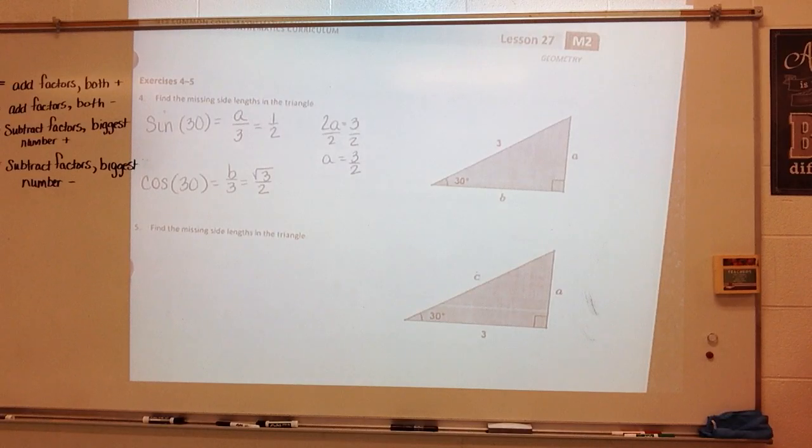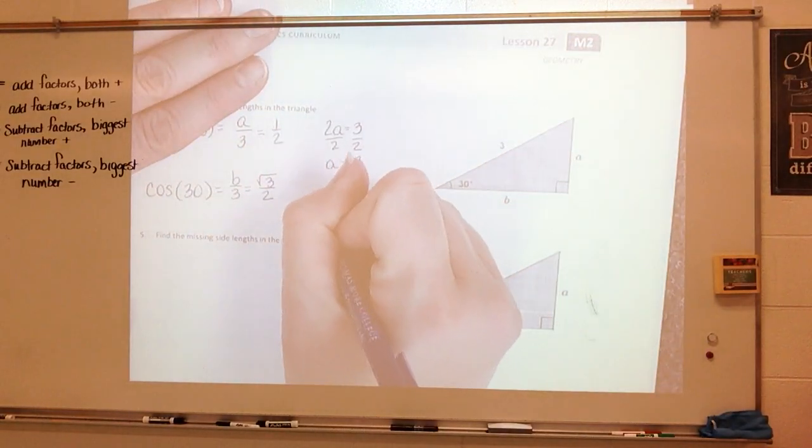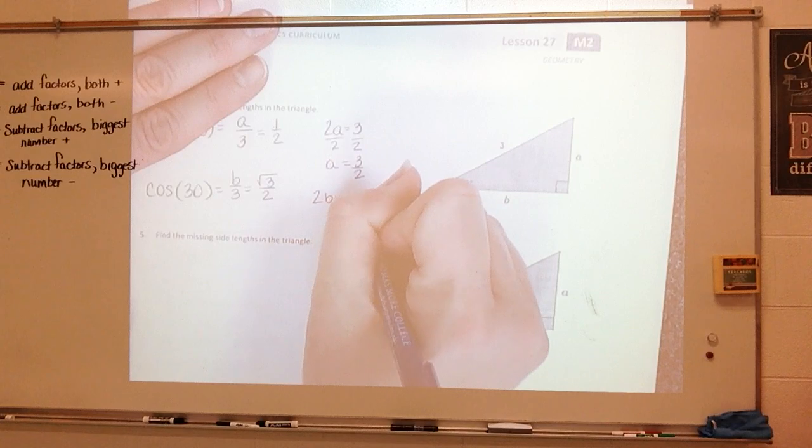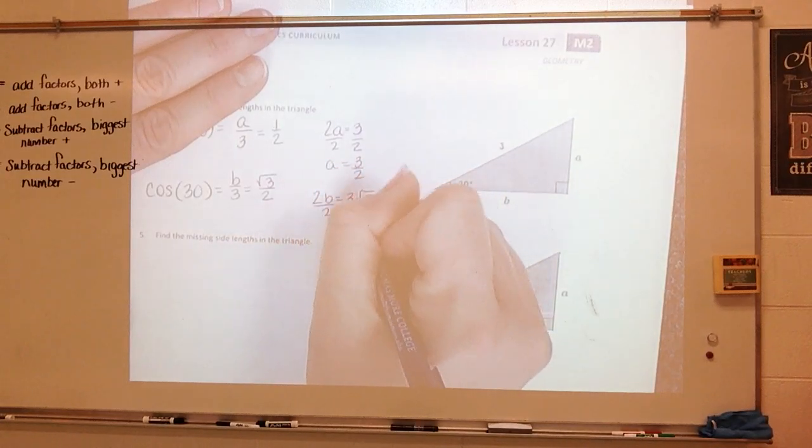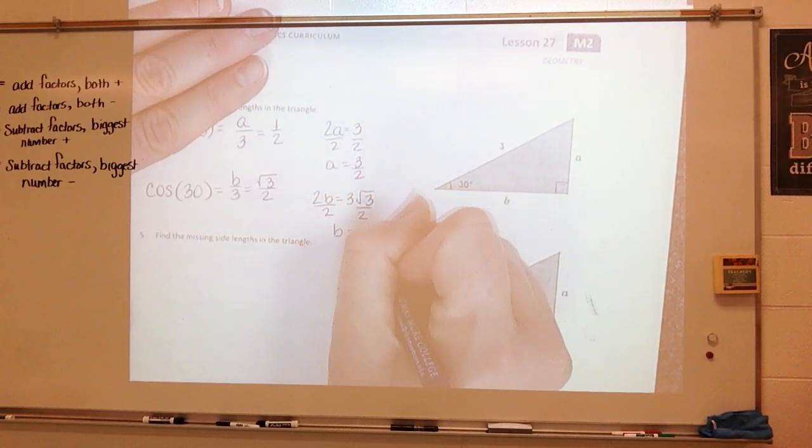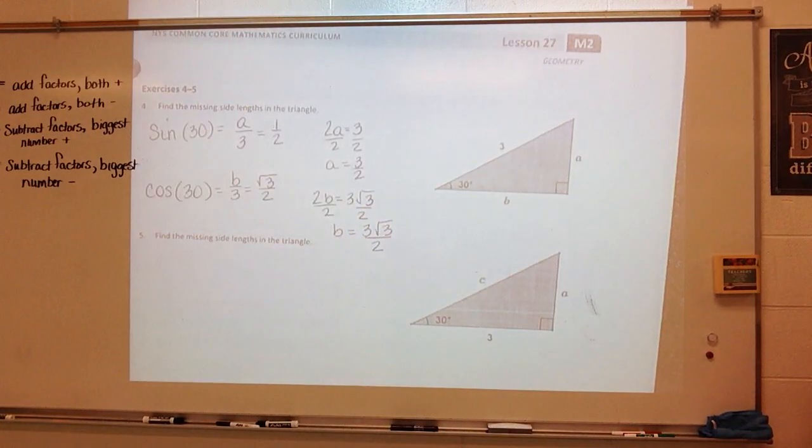Alright? So I multiply, and I get 2b is equal to 3 square root of 3. Divide by 2, b would be equal to 3 square root of 3 over 2.